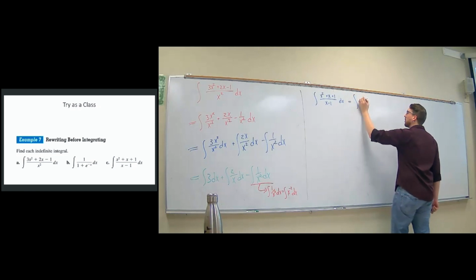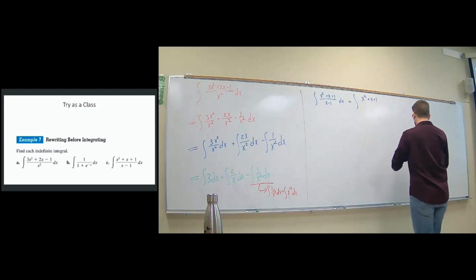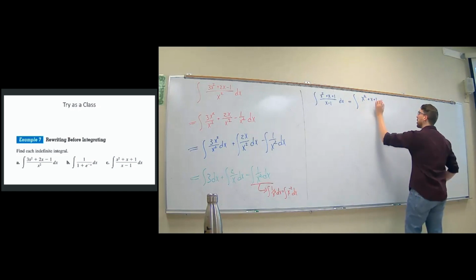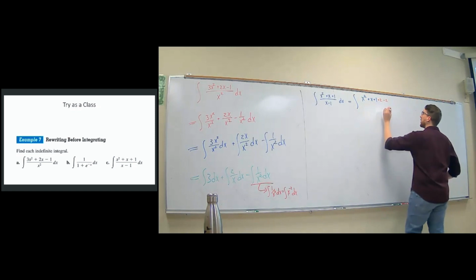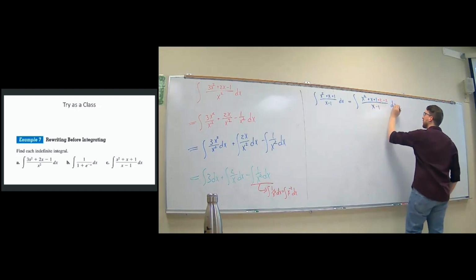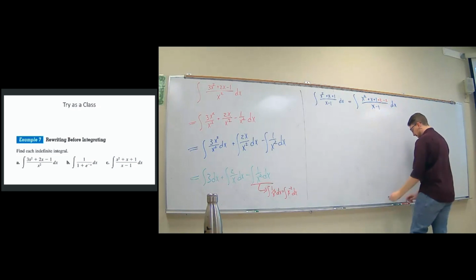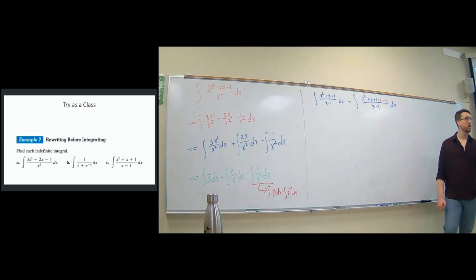So we're going to say the integral of x squared plus x plus 1 plus 2 minus 2, divided by x minus 1 dx. Don't you have to do everything on the top to the bottom?